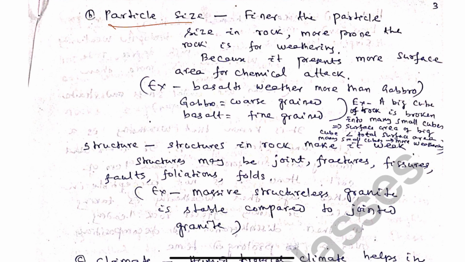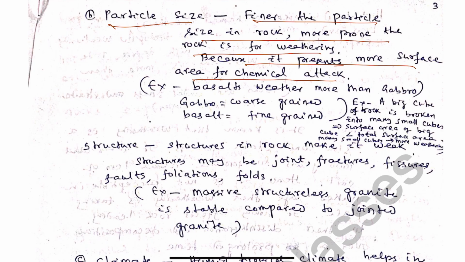Then particle size. Finer the particle size, greater is the rate of weathering, because the surface area becomes more when the rocks become fine grained. For example, if we break a big cube into many smaller cubes, the total surface area of the big cube is less than the surface area of the small cubes.